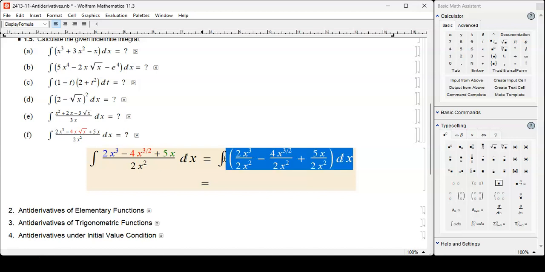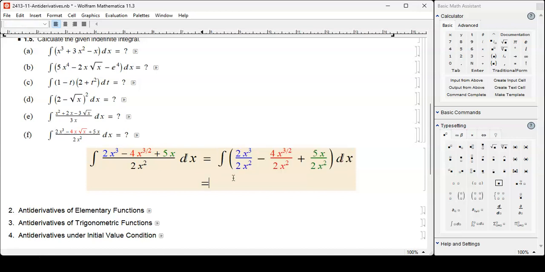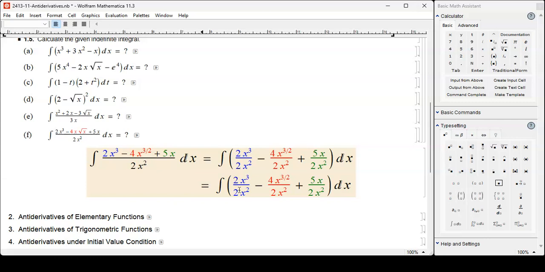And then they can be simplified like this. 2 over 2, and then x cubed over x squared. So just x. 4 over 2, so we get 2 as a number part. And then x to the 3/2 power, second power, so negative 1/2 power.